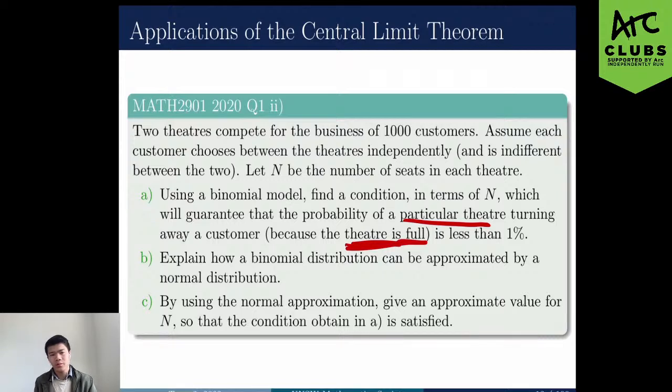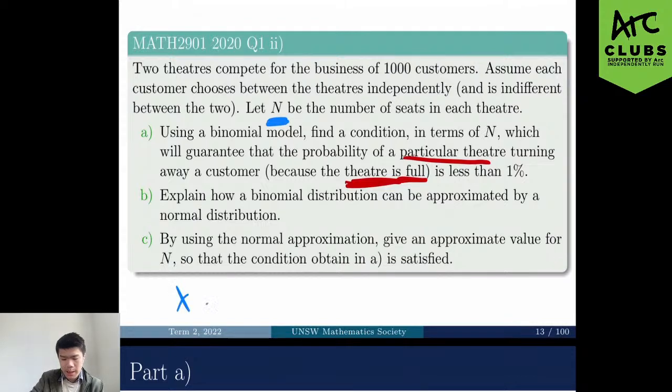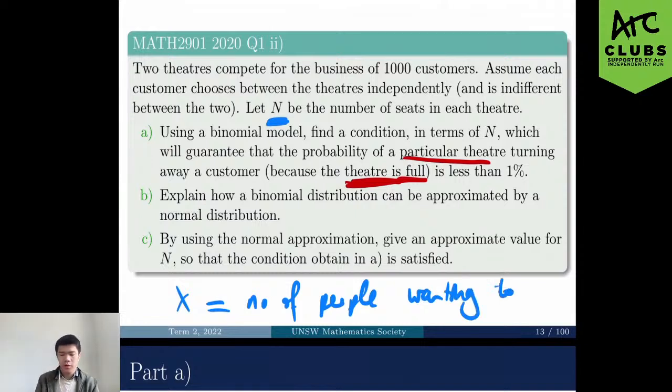So when will this happen? Well, it basically happens when we've got more people wanting to go to the theatre than the theatre has, right? So we have n seats. That means that X, where X is the number of people wanting to visit the theatre, needs to be greater than n.